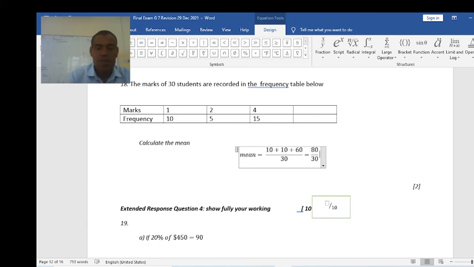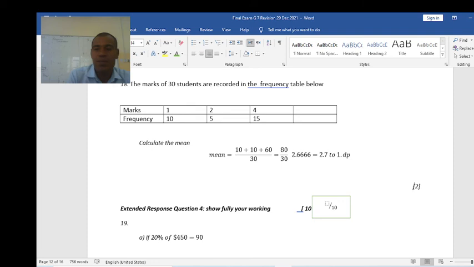We can simplify 8 divided by 3, which gives 2.6 approximately, 2.7. It gives 2.666, which is equal to 2.7 to 1 decimal place. Clear? This is the answer.